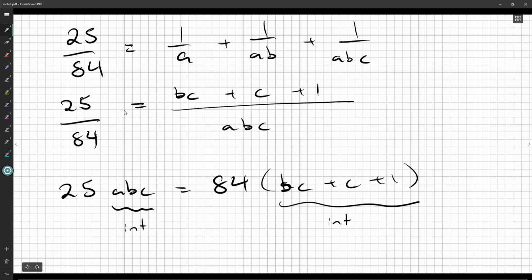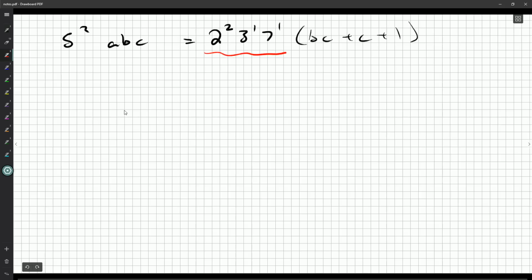Now, we've got 5 squared over here. 5 squared abc is equal to 84 times bc plus c plus 1. Now 84 is going to be 2 squared and then 21, so 3 to the 1, 7 to the 1. You'll notice there are no factors of 5 here, so we've got to have 2 factors of 5 here.